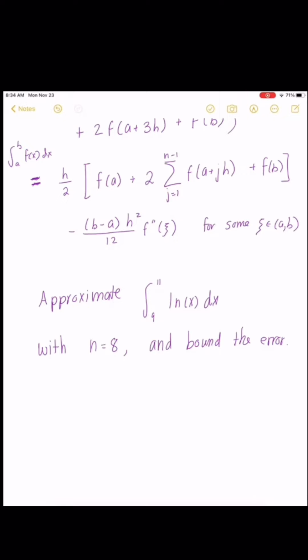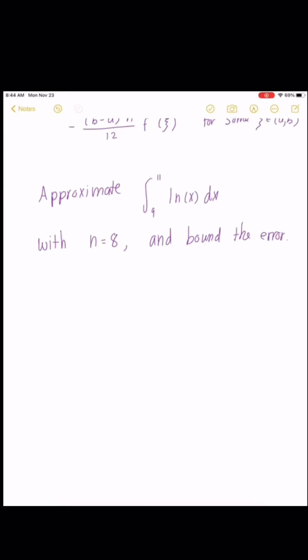Our h is b minus a over n. Sorry, over 8. I don't know why my brain is having a problem with this 8. So b minus a over n, which is b minus a over 8.